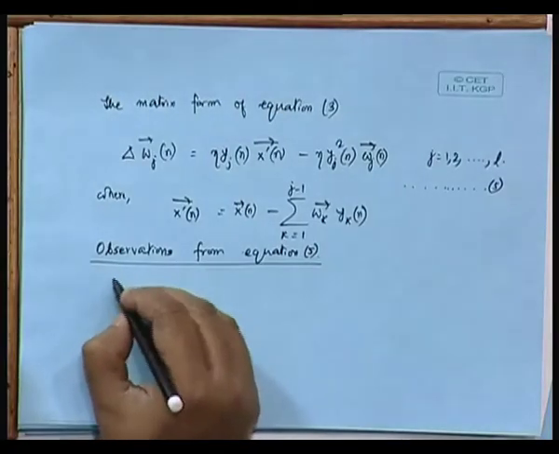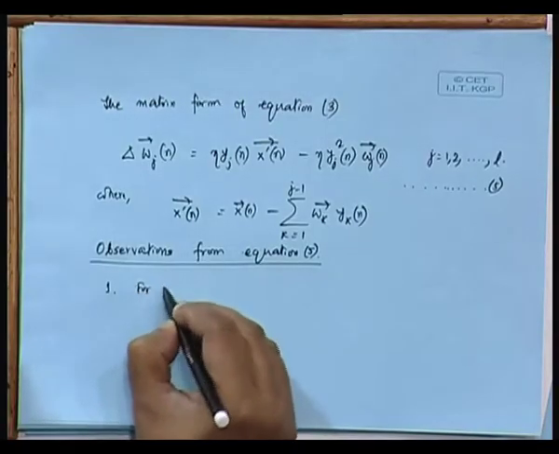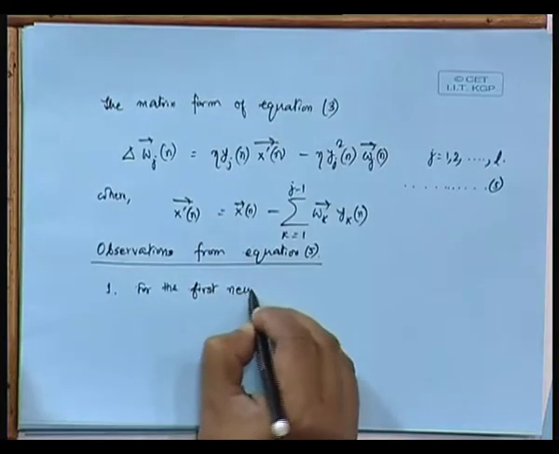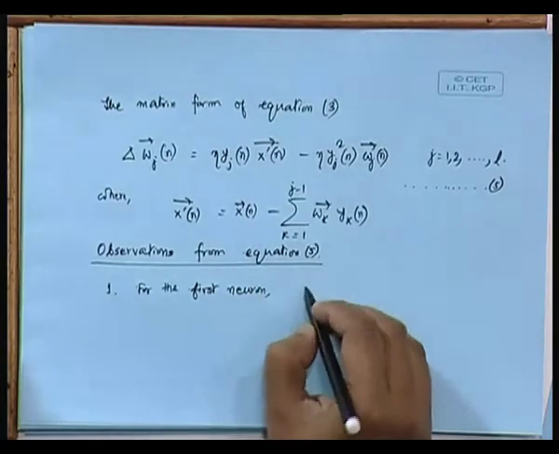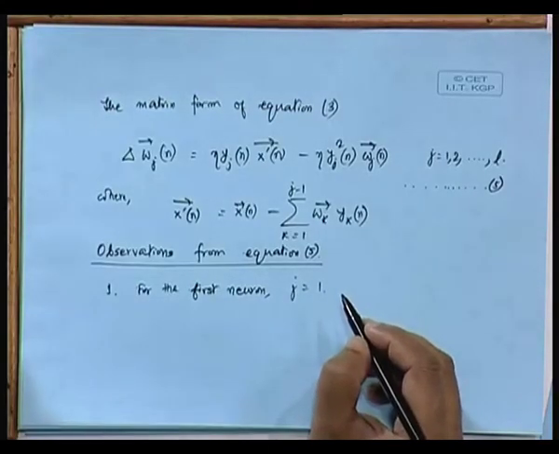Let us take the first neuron. For the first neuron, the index j that we have to consider is j equal to 1. So, we write the j equal to 1 case.